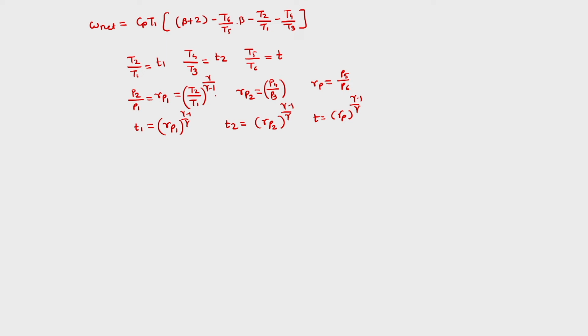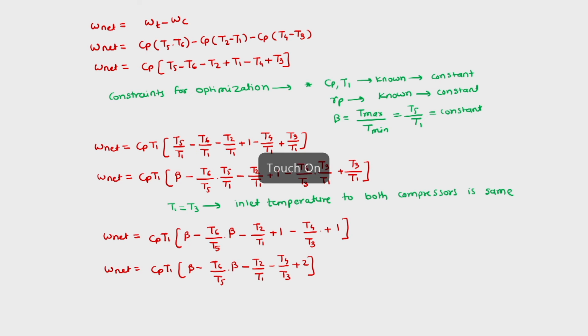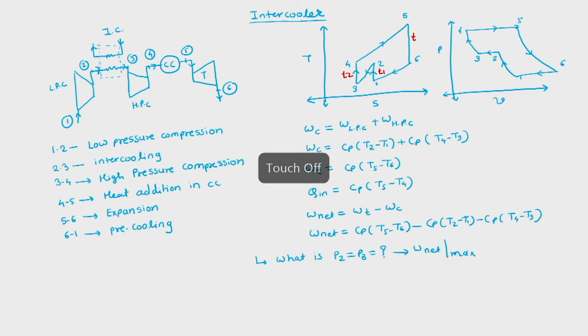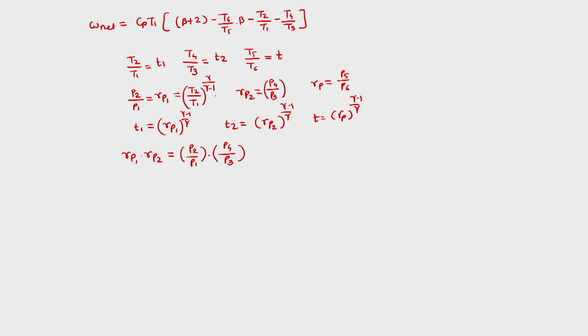Okay, so again we can see what is Rp1 into Rp2. Rp1 is P2 by P1, and Rp2 is P4 by P3. But we can see here clearly that P2 is equal to P3, since the process of intercooling is isobaric.